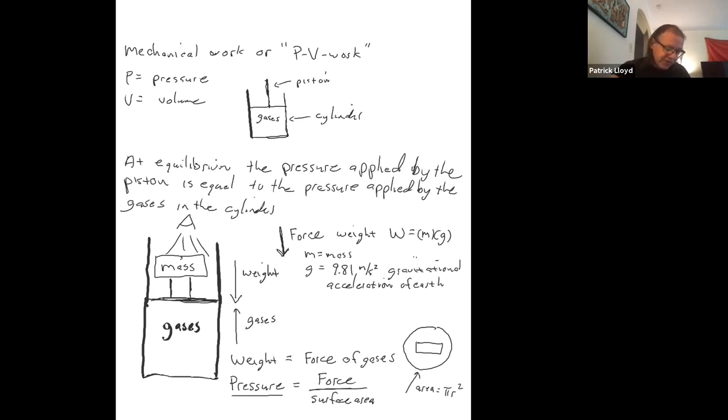So that's pressure. Now, what we're going to claim here is that the pressure, we'll call it external. So that's the applied pressure. That's the pressure coming from outside. That's why it's called external. It's coming from this mass, which is outside the cylinder, and it is going to be equal to the pressure of the gases upward, right?